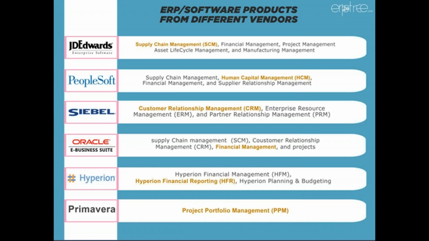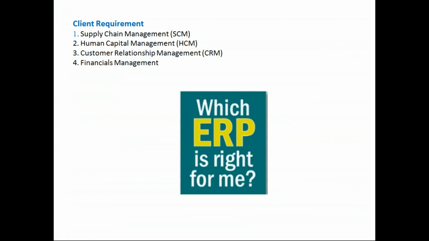You don't see one ERP which is delivering the best product for the relevant areas of the client requirement. Now the big question for the client is which ERP is right for them, which ERP is catering the best solution for these areas. There is no ERP.